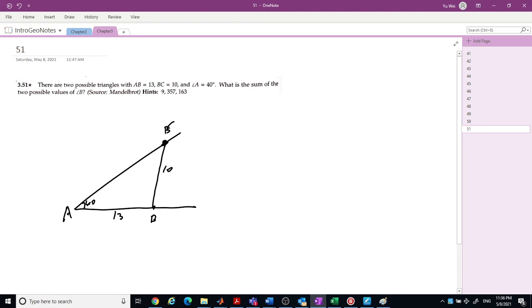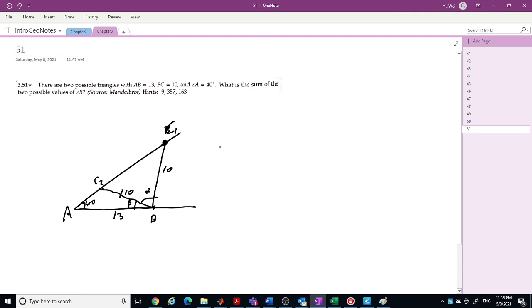This is called C1. And I can also do this, this is also 10, which I call C2. The question is, what are the two possible values of B? So we can have this one as alpha, and this one is beta.